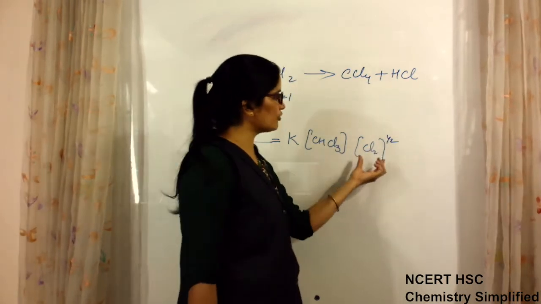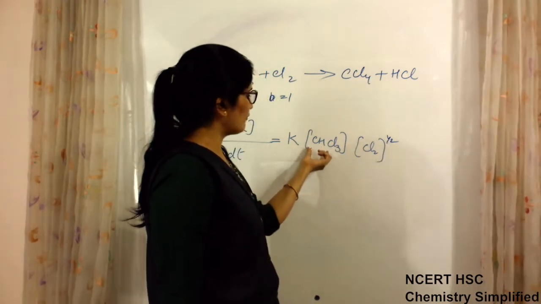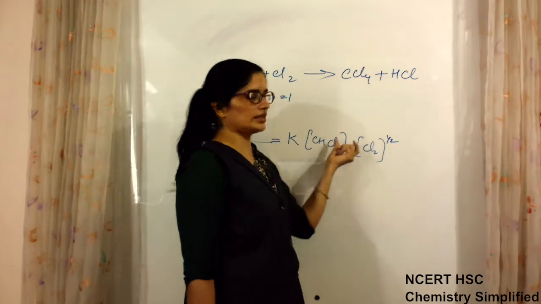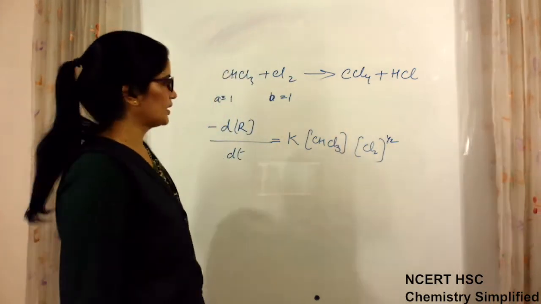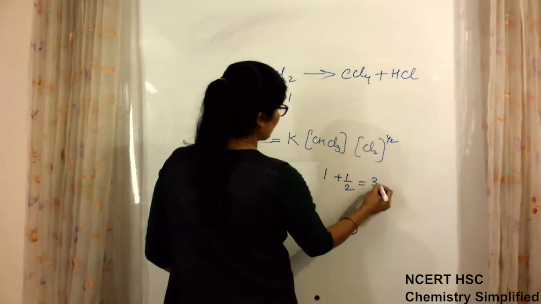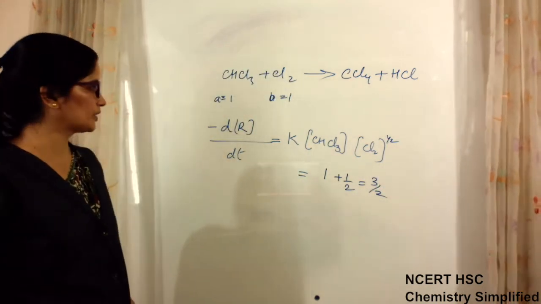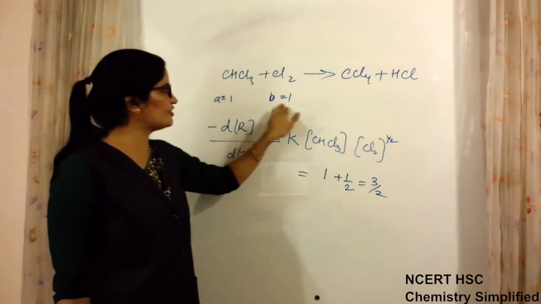This means the effect of the concentration of Cl2 varies by half order and the effect on rate for CHCl3 is by first order. So this is 1 and this is half, so 3 by 2. The overall order of reaction is 3 by 2, and the coefficients are these.